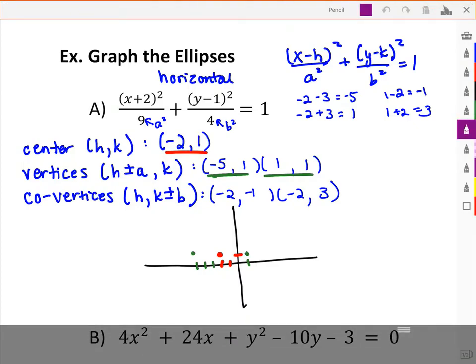And co-vertices, we calculated to be at (-2, -1) and (-2, 3). Okay, so now I'm just going to connect those dots.